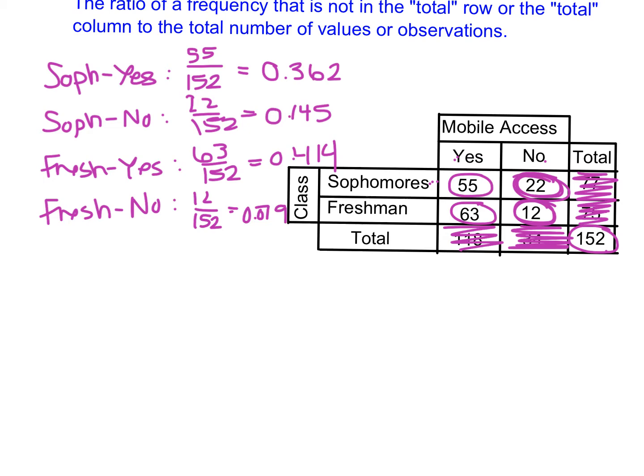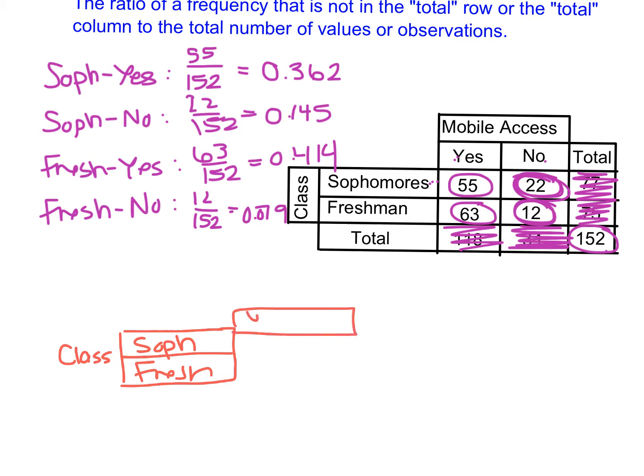Now often what will happen is we'll make a new table here. So we'll say that we have class, the sophomores and the freshmen. We then have our mobile access people of yes and no. And typically you'll see a new type of table that has these joint relative frequencies in there.